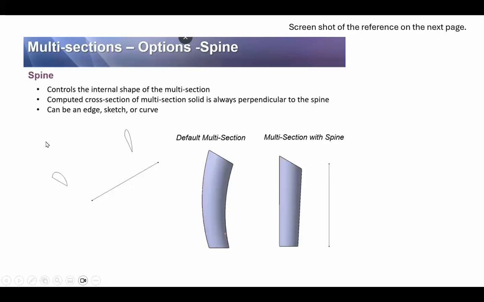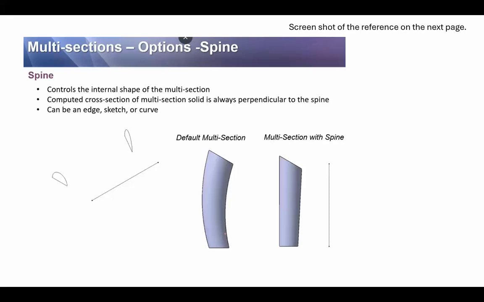Essentially, a rather simplistic definition of a spine is that it controls the internal shape of a multi-section surface or solid. And it is so that, although this statement is not quite correct, the computed cross-section of a multi-section solid is always perpendicular to the spine. It's not that it's not correct.